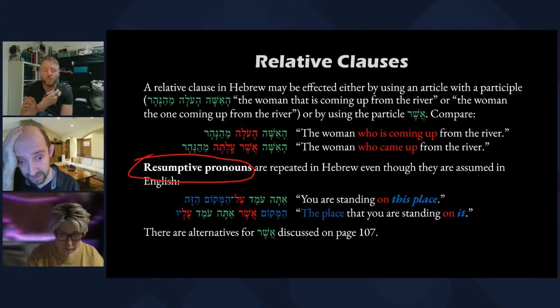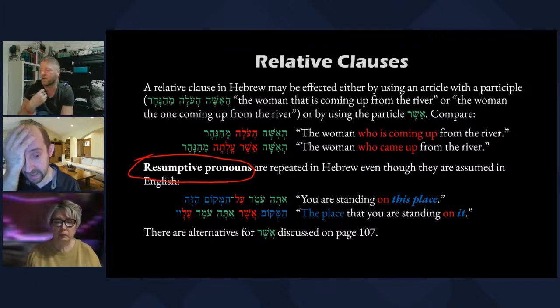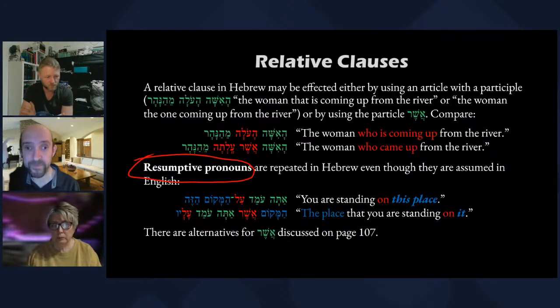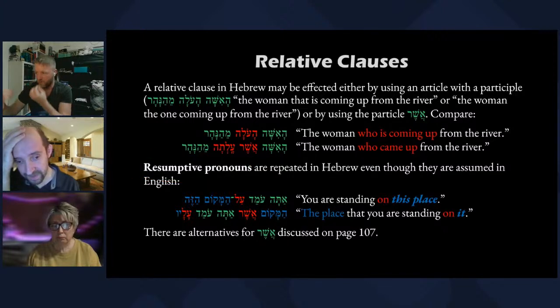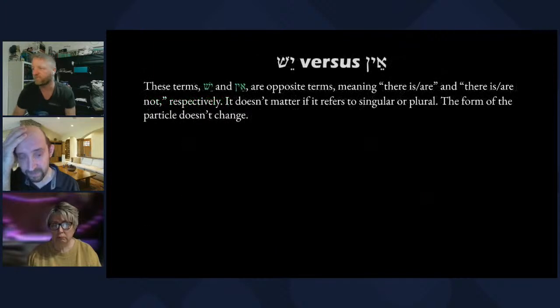Hamakom asher ata omed alav. Because we can't say hamakom asher ata omed al. Al cannot stand by itself. It has to have a suffix. It has to have an object. So in Hebrew, you have to resume the pronoun. You have to bring it back, where in English you can ignore it.